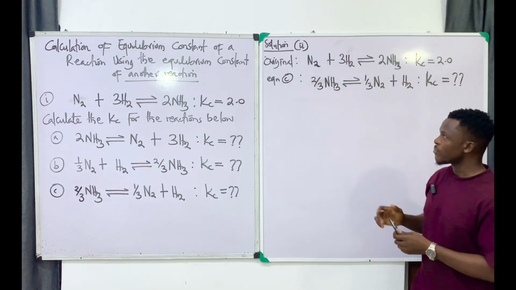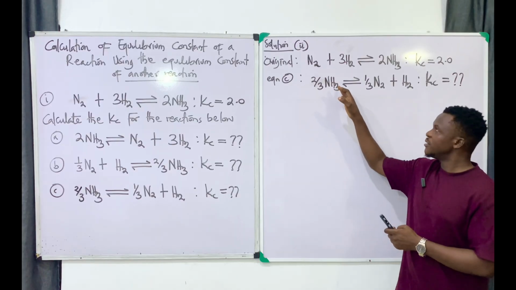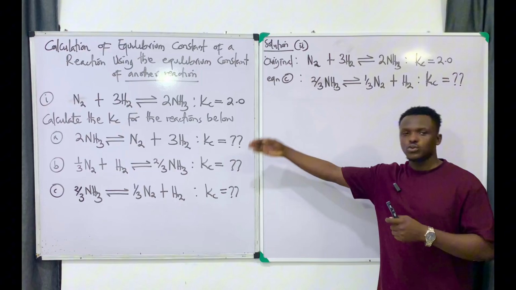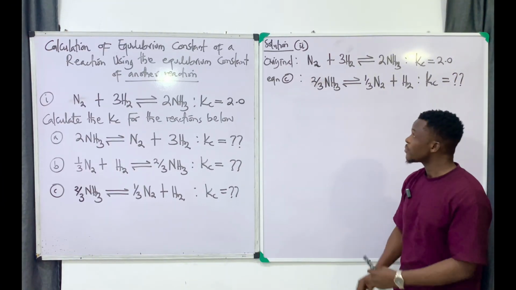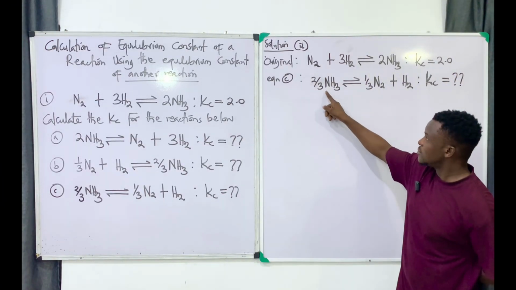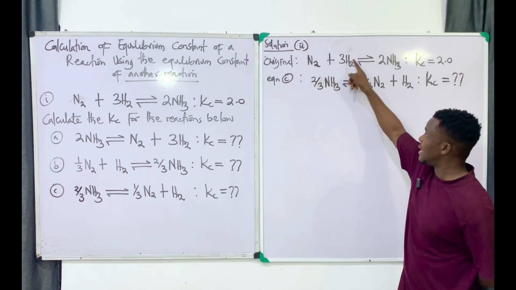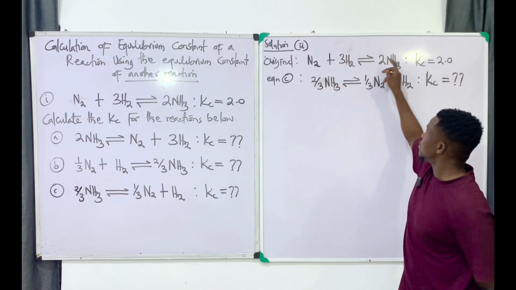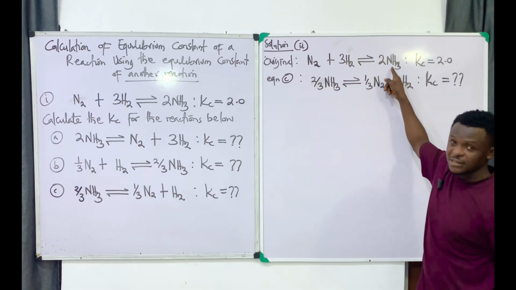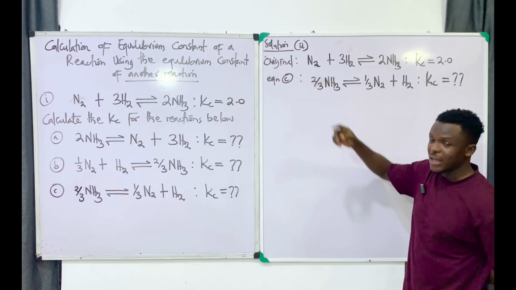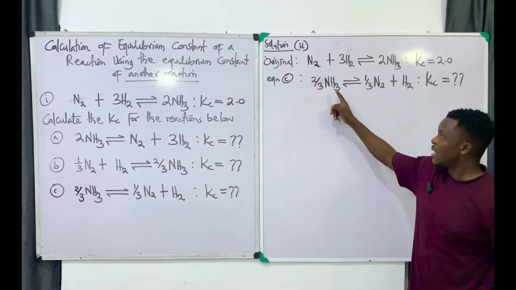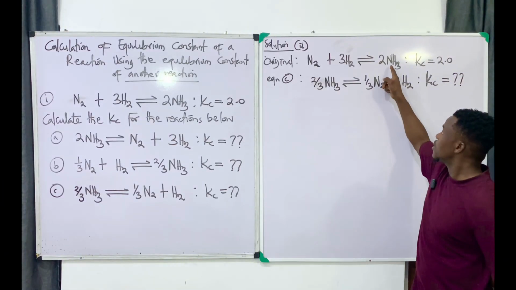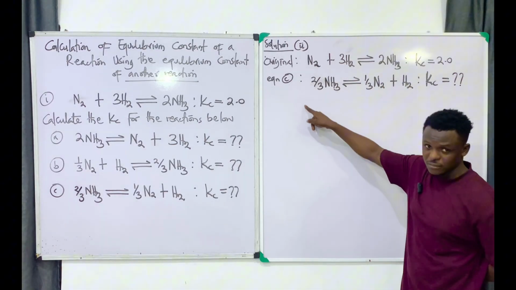The relationship between this and this is the first two relationships we did. If you look up, this reaction is first reversed. In the original equation, ammonia is on the product side, whereas in equation C, ammonia is on the reactant side. So first thing first, you reverse the original equation.